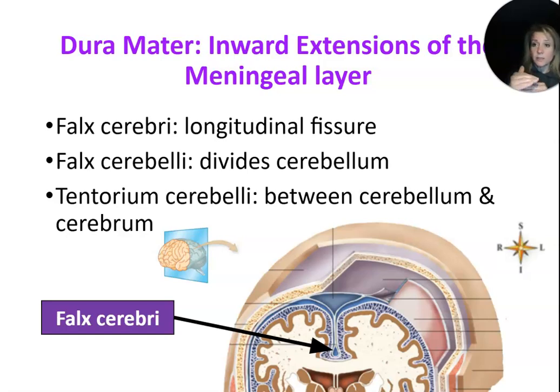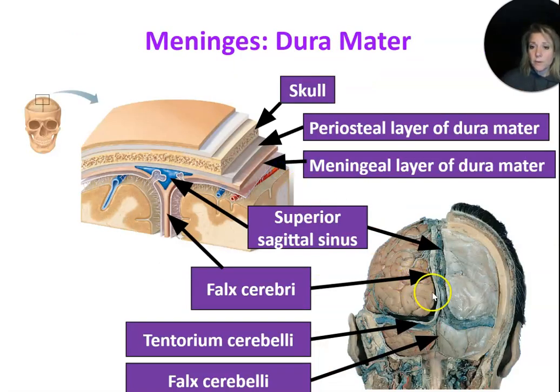So it's going to separate the cerebellum and the cerebrum. And so when we look at the picture of the cadaver in the lower right corner, you can kind of see that we have these really thickened areas of the meninges where they fold into the fissures of the brain.